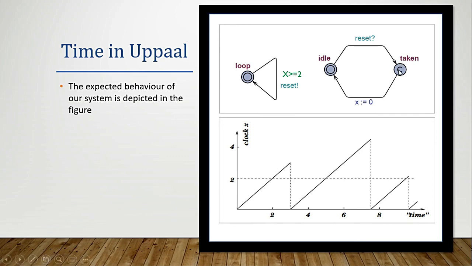So it can go over 2 or 3, but later it should be reset to 0. As we see, this is based on our expectation. So we will see how we can verify whether our observations are correct or not.